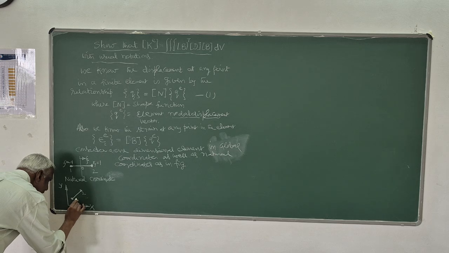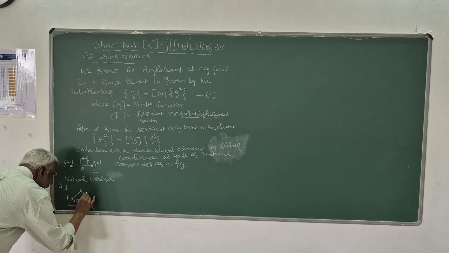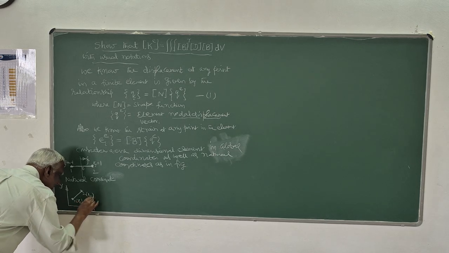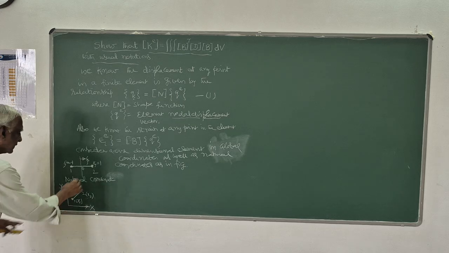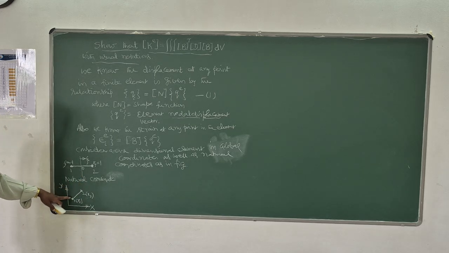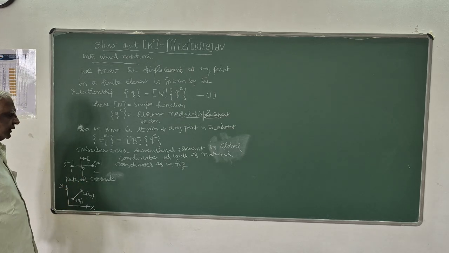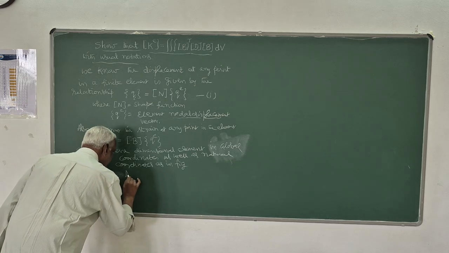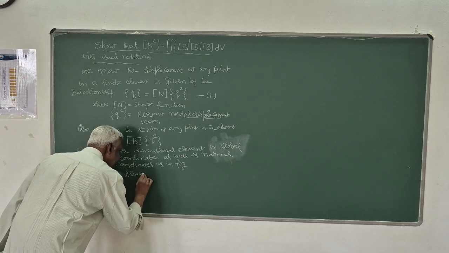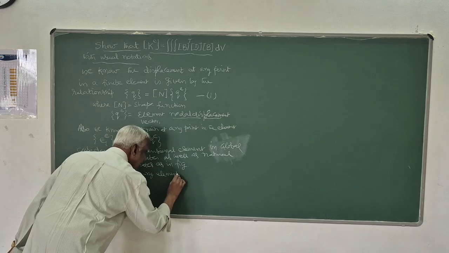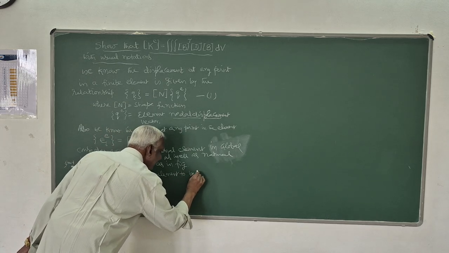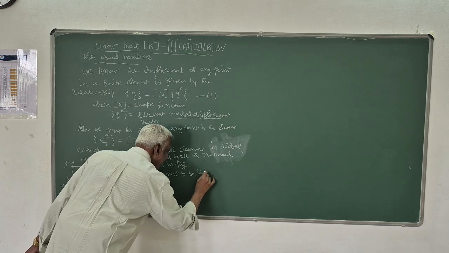Here x is equal to x1, here x is equal to x2 at node 2 in global coordinates.